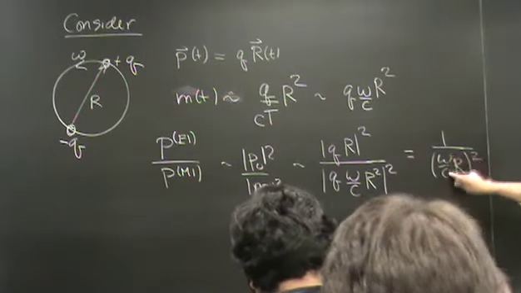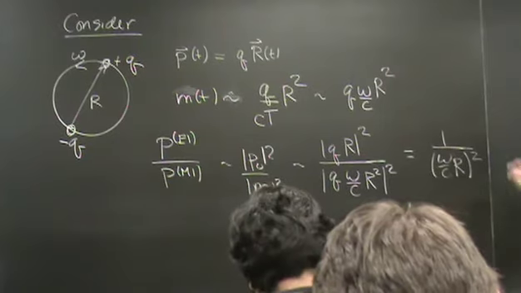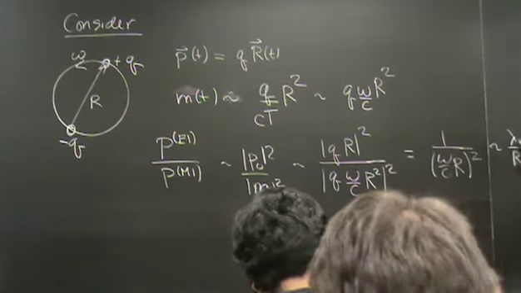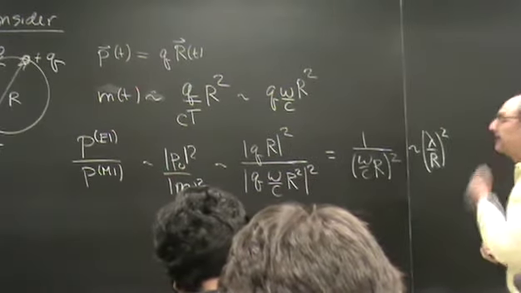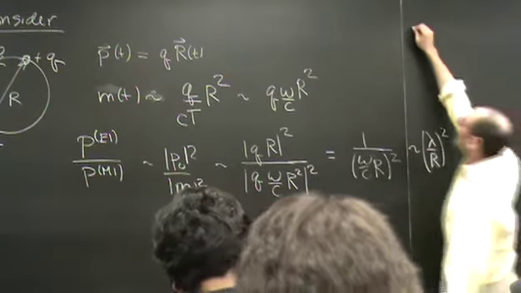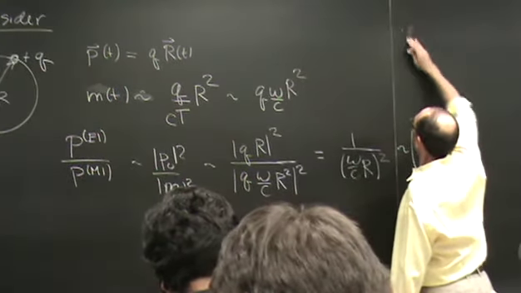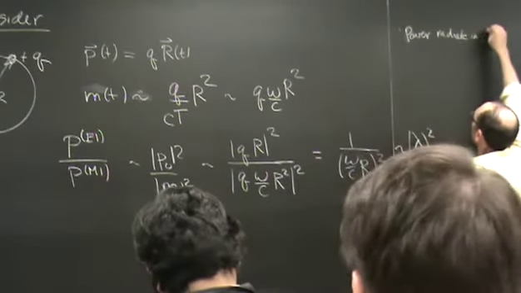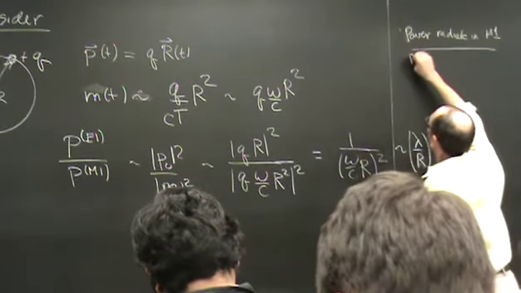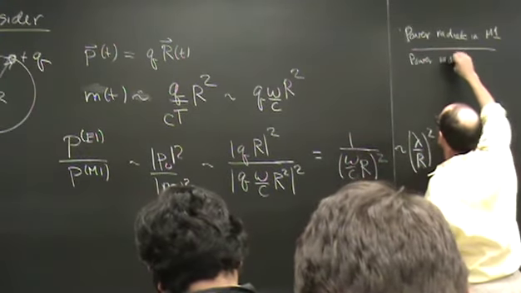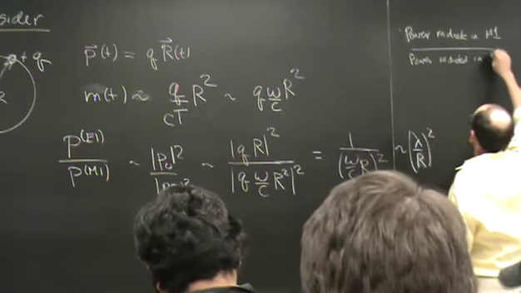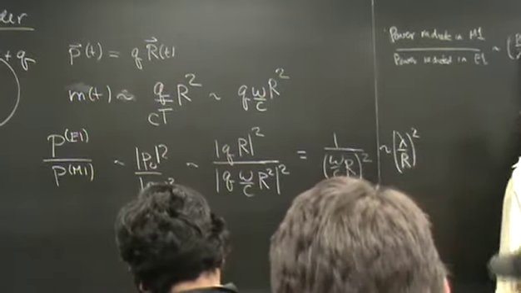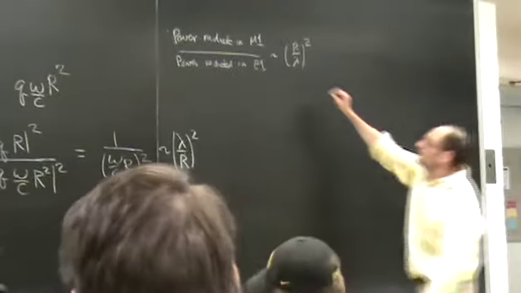And omega over C goes like 1 over lambda. I really wanted to do the ratio in the other direction, so let me write it as the power radiated in magnetic dipole compared to the power radiated in electric dipole, which goes like R over lambda squared, which is our small parameter.